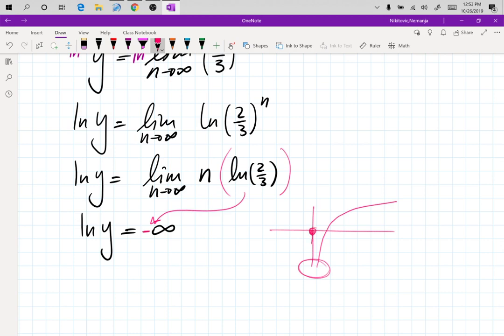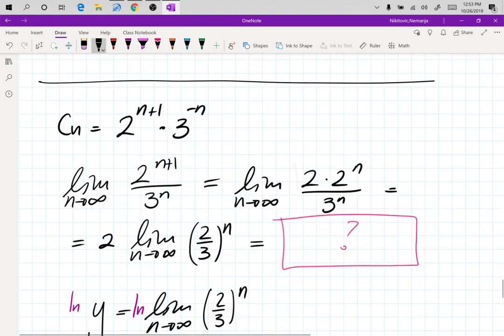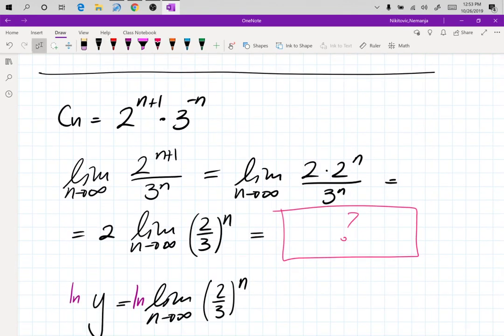It's coming from 0, right? So this limit is 0. Okay. And then you have 2 times 0. Answer is 0. Yes. Now, we are not going to do this every time because we are going to have something called geometric sequences and geometric series.